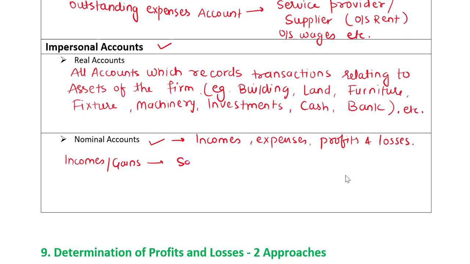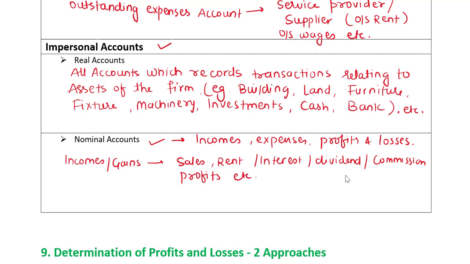For example, sales, rent received, interest received, dividend received, commission received, profit, etc. Now write expenses and losses.